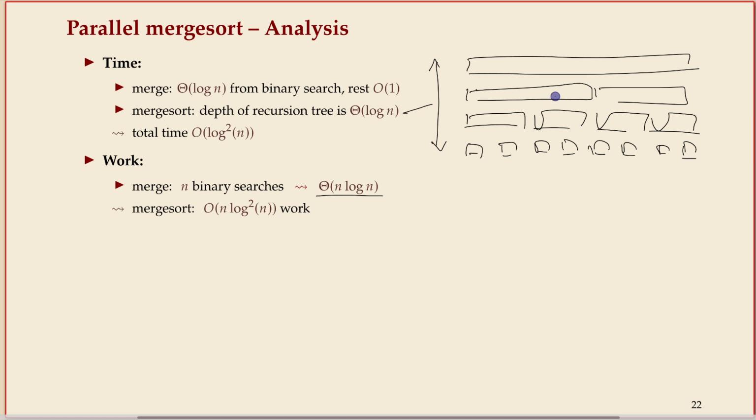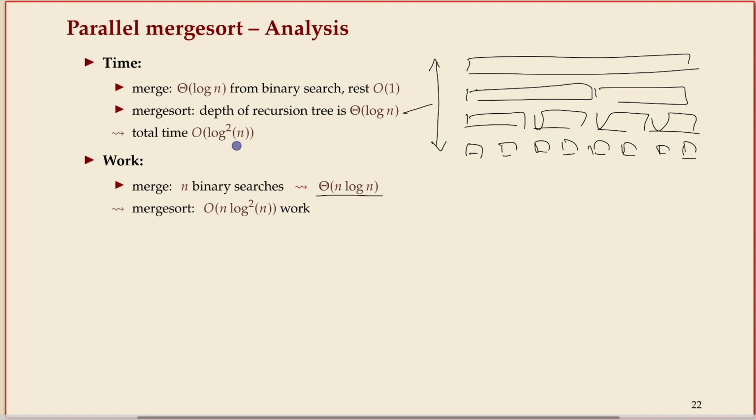And on each of these levels, we do things in parallel because the recursive calls are in parallel. I have to spend at most log n on each step, but actually on the first half rounds down, I have to spend theta log n. So overall, I spend log n times log n span across all the levels. Up to constant factors, it doesn't help that I get smaller inputs. They don't get smaller fast enough. So the total span for this parallel merge sort is log squared n.